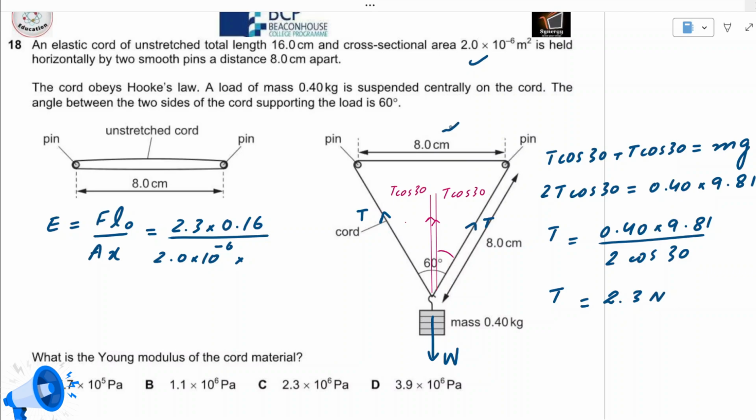The extension x is the new length minus the original length. What is the new length? 8 centimeter here, 8 centimeter here, 8 centimeter here, 24. The original was 16, so the extension is 8. Centimeters to meters would be 0.08.